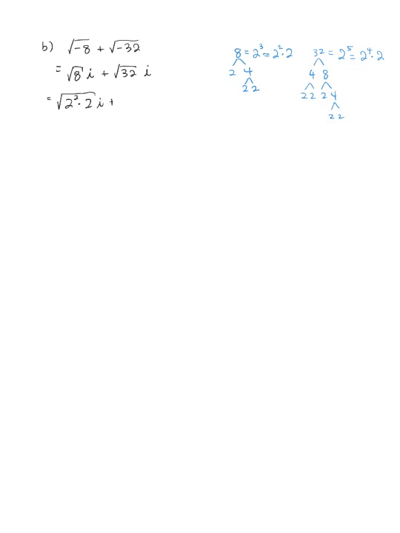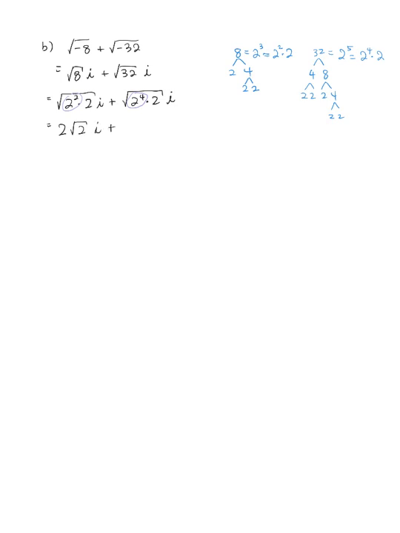Alright, I'm going to rewrite square root of 8 as 2 squared times 2, and then i, plus square root of 32, 2 to the 4th times 2, and then i. Alright, so let me circle the perfect squares. I could simplify these under the square root. So this becomes 2 square root of 2 times i.